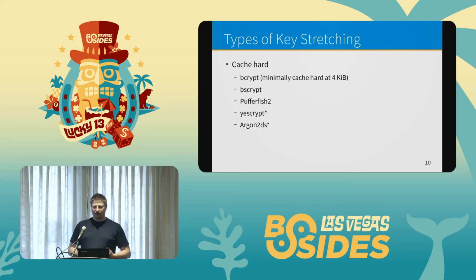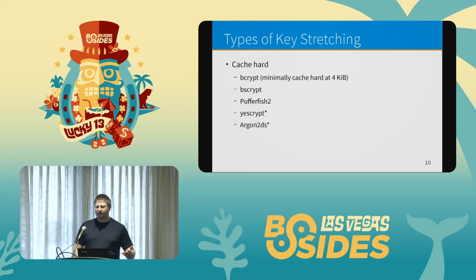We didn't know that cache hard was a good thing until GPUs came out, and people were noticing that the speed to generate one of these hashes for a defender, versus how slow it is for a GPU attacker, was way better than other things. So bscrypt, that's what we're basically going to be talking about.